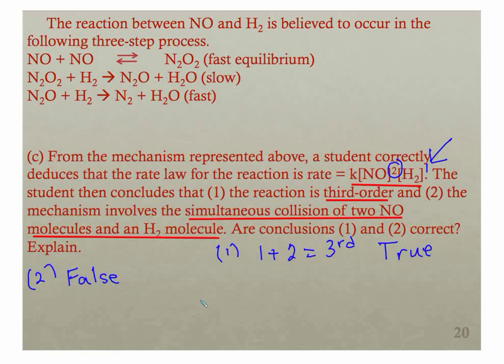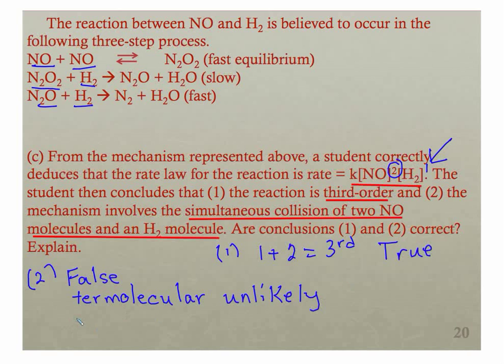And there are a couple of ways that you can do that. The one way is that having a termolecular step is not likely, but that's not enough. I think it's a good statement because it's unlikely that you can get 3 molecules to collide simultaneously with the correct energy and the correct orientation. But more importantly than that, there is not a single step in here that involves more than 2 molecules in the mechanism.